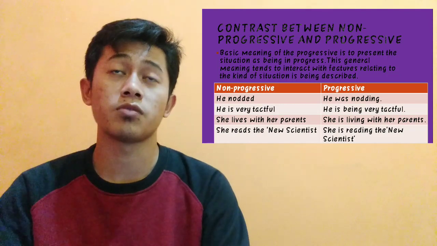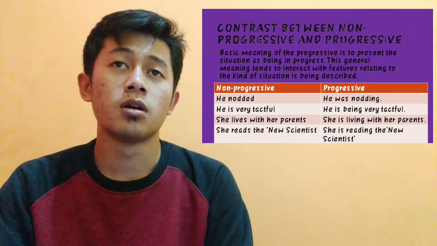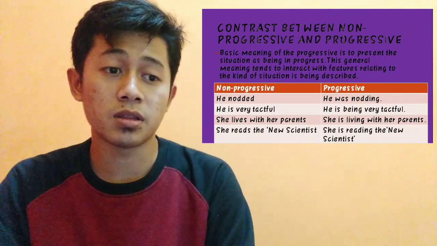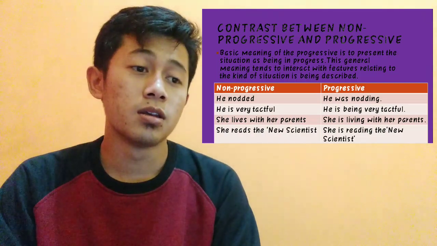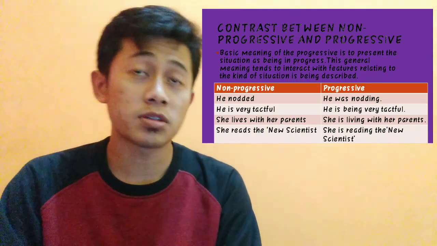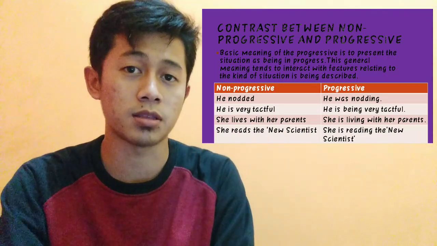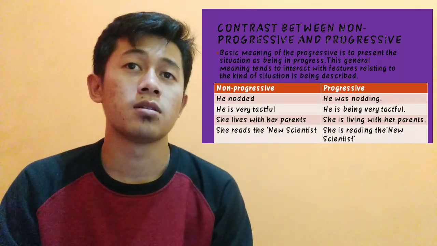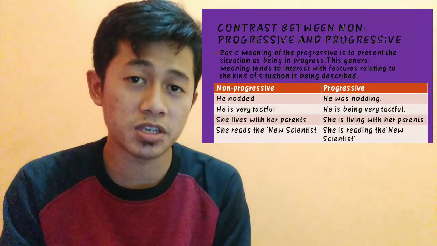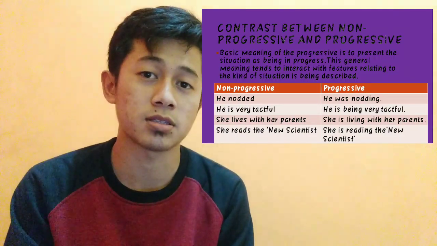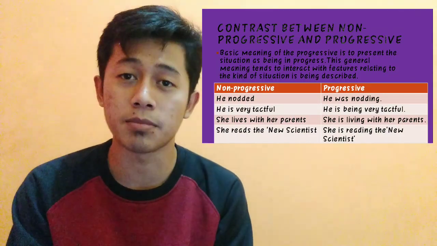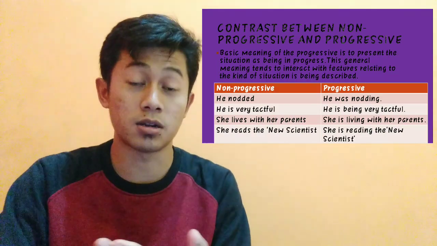But in the progressive, she is reading the New Scientist. The subject is still in the process of reading the New Scientist. Okay, so it has duration, it has process and is dynamic. That subject is reading the New Scientist.